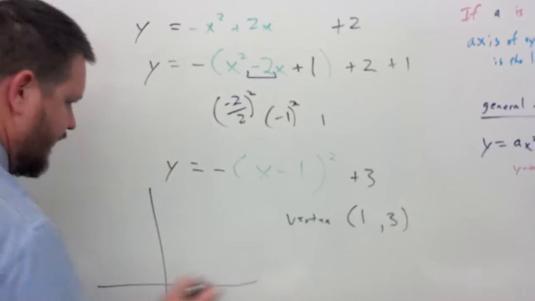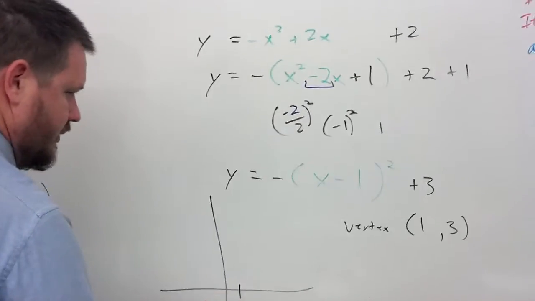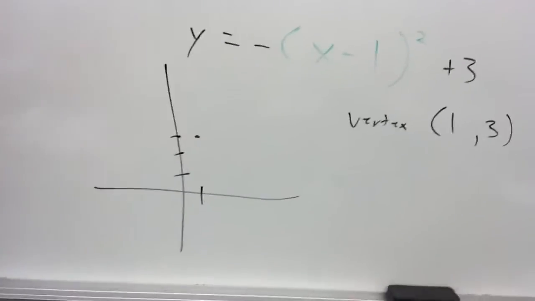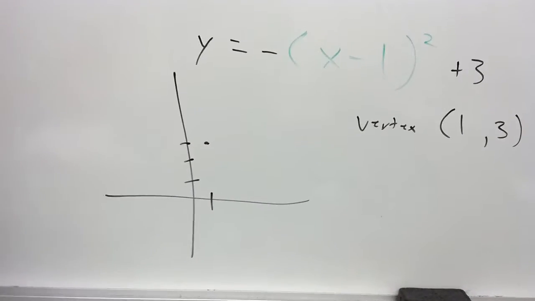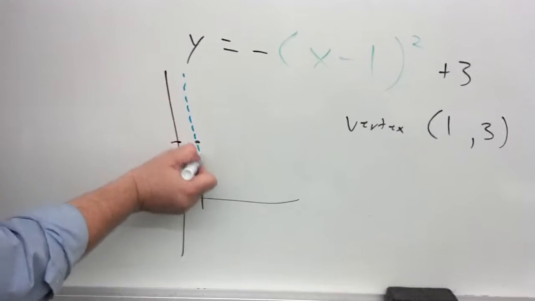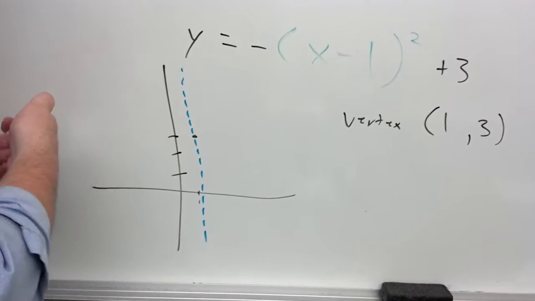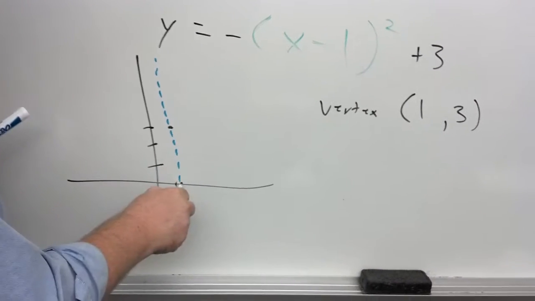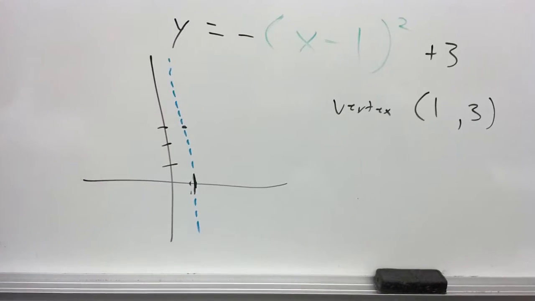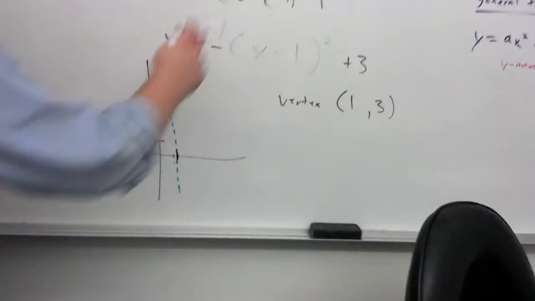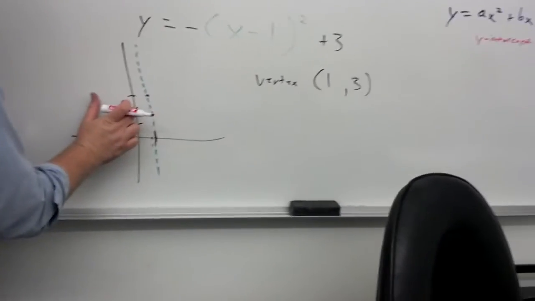So now we can move on to graphing it. The vertex is at 1, and then up 3. Our axis of symmetry, which I've been doing in blue, pretend that went through 1. There we go. Axis of symmetry goes right through there. What was our y-intercept? Our y-intercept was at 2, so right here.